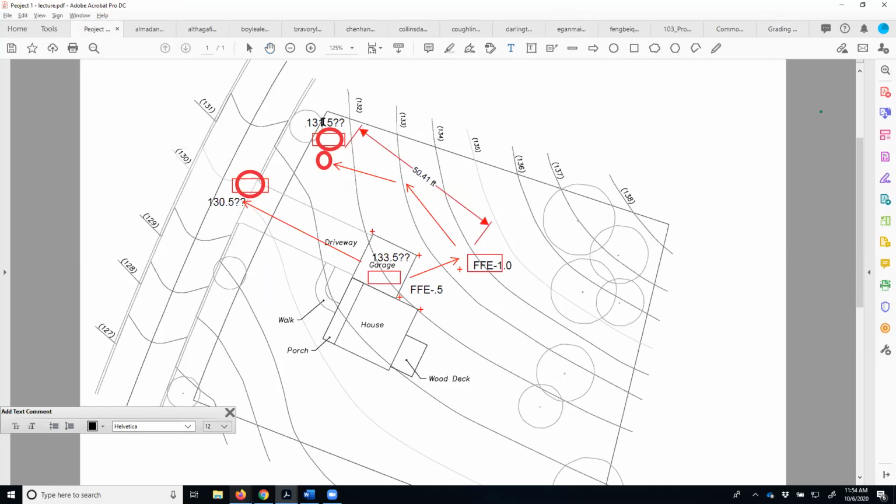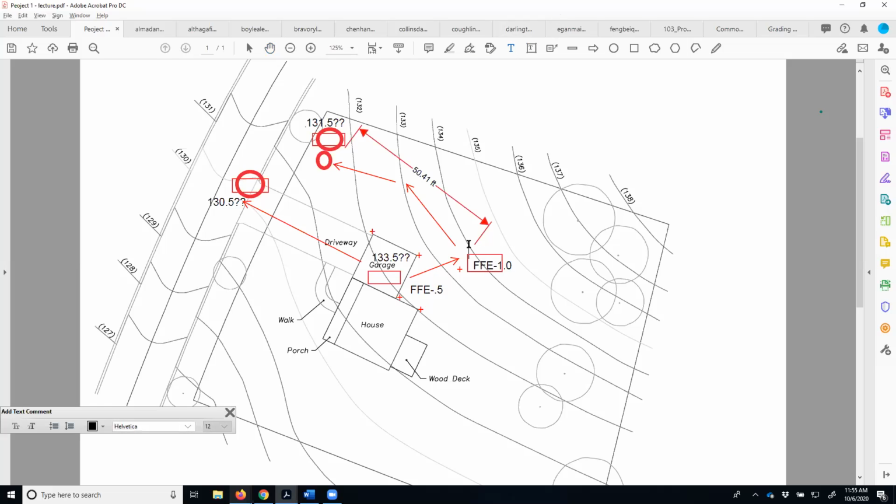But that's 131.5, and that one's fixed. If this is 133.5, this is going to be 132.5, right? And we'll put that in as the HPS right now so that we can remember that's what we're talking about here.